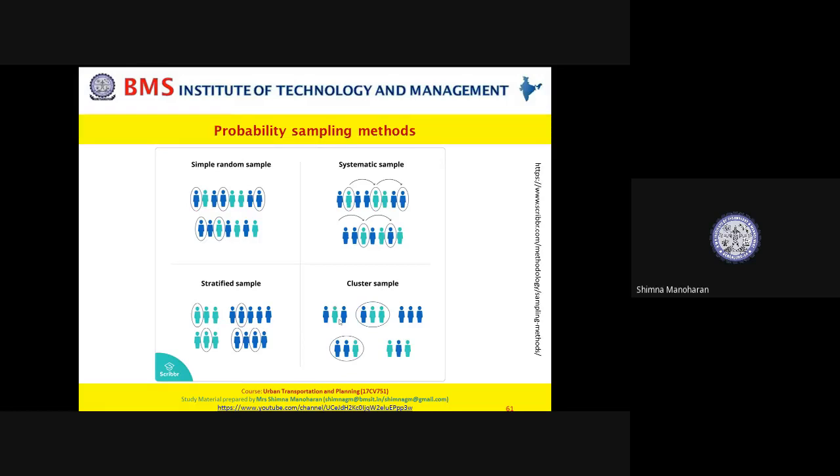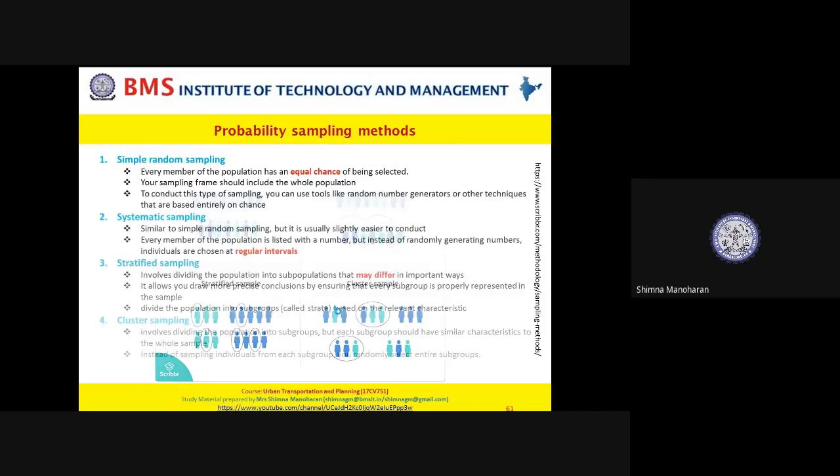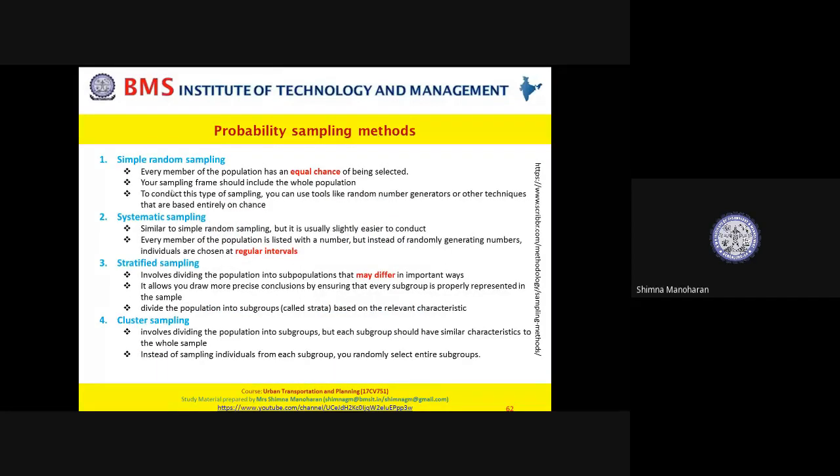What data you are going to study, we have already seen in the first few lectures: how you have to define the survey. Based on the type of survey, you will be defining the population. Now, to recap: in simple random sampling, you have an equal chance of being selected. Systematic sampling is similar to simple random sampling, but slightly easier to conduct.